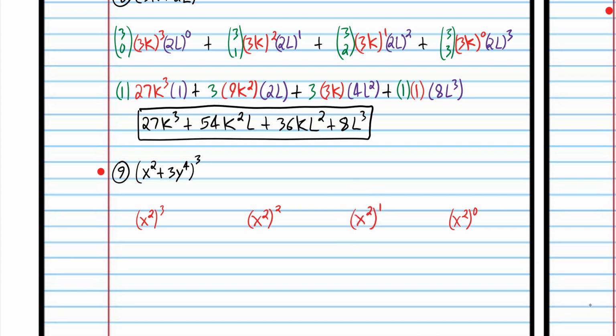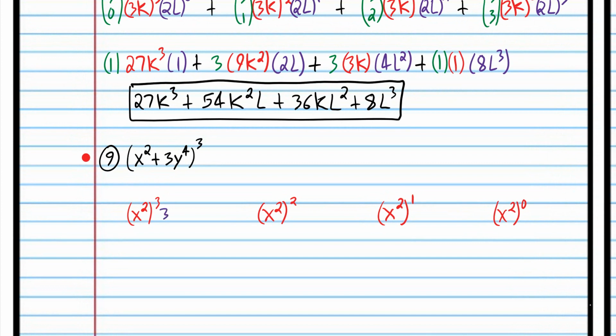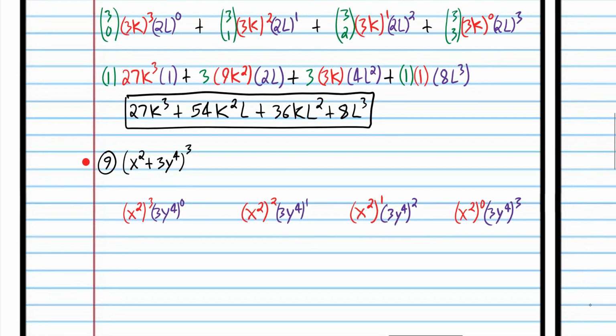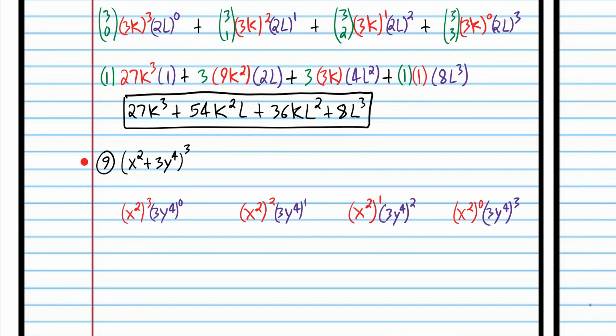And then we're going to start with 3y to the 4th raised to the 0 power, and 3y to the 4th raised to the first power, and then 3y to the 4th raised to the second power, 3y to the 4th raised to the third power. So notice the whole expression is being raised. You must use the binomial theorem correctly.